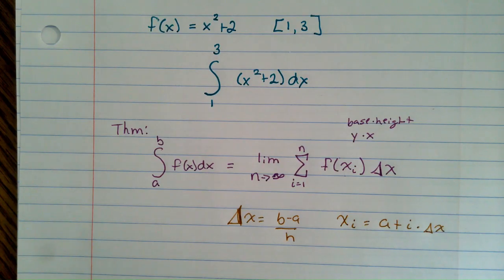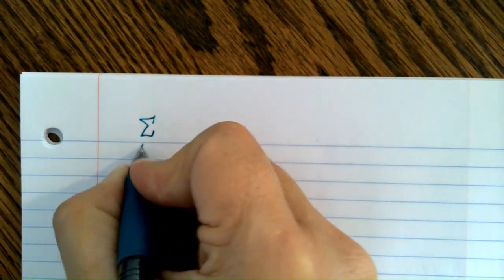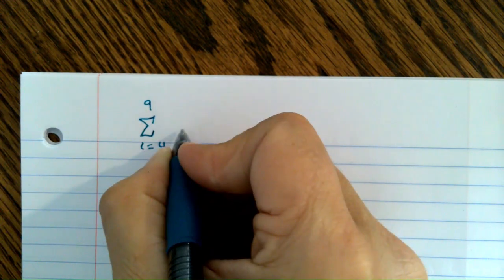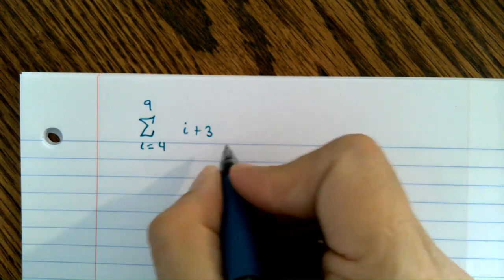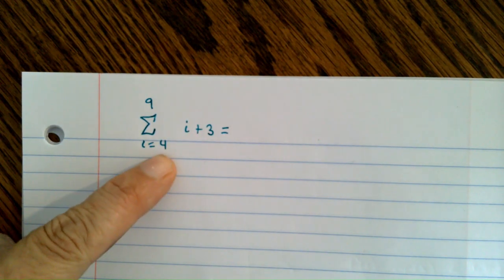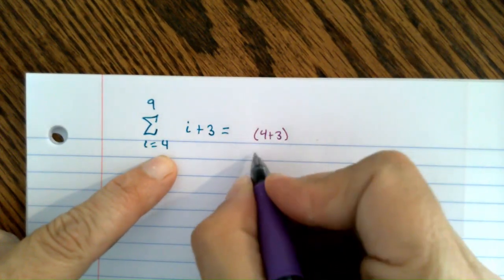So before we get into putting this all together, let's practice just the summation part. So we're going to do the summation from i equals 4 to 9 of i plus 3. Okay, so we're going to start with i is 4. Then we'll do 5.